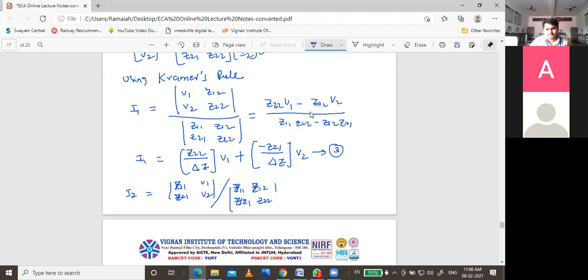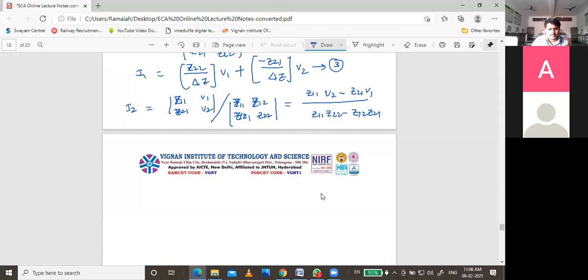The determinant is Z11 Z22 minus Z12 Z21. The numerator is Z11 into V2 minus Z21 into V1.